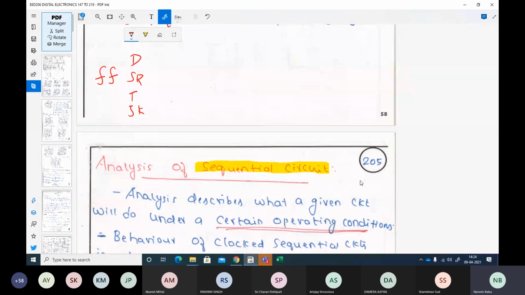Say, for example, you want to design a counter for a basketball game. You place a sensor somewhere here, near the basket, where you place your ball.